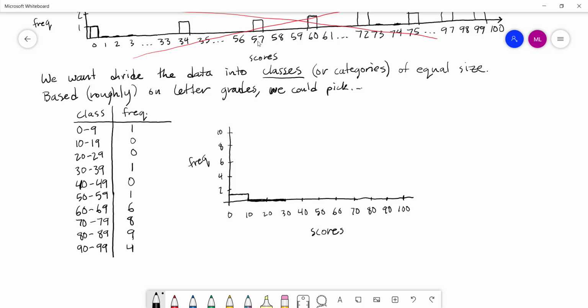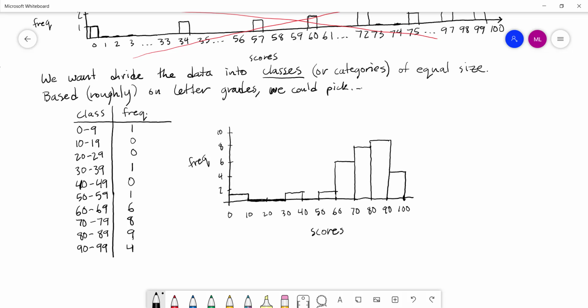We had 1 in the 30 to 40 range, 0 in the 40 to 50 range, 1 in the 50 to 60, went all the way up to 6 in the 60 to 69 range rather. And then 8 in the 70 to 79, 9, and then down to 4.